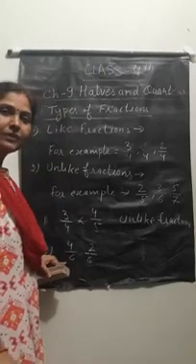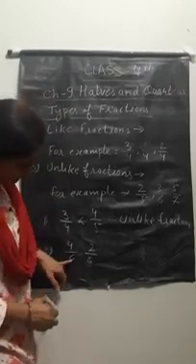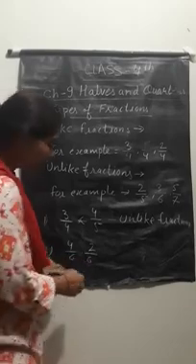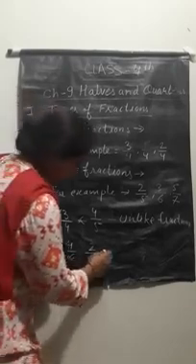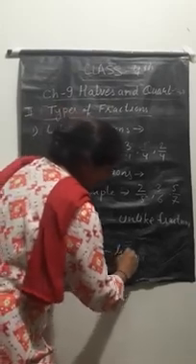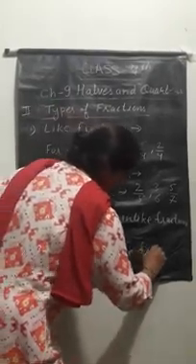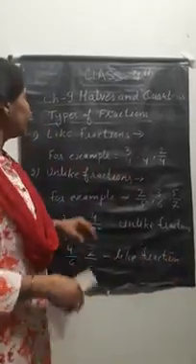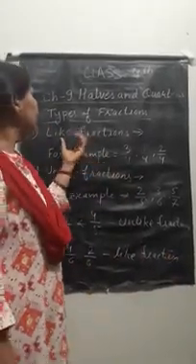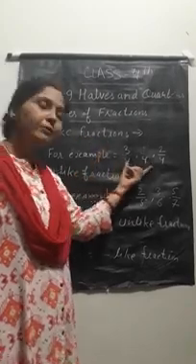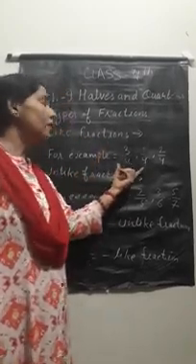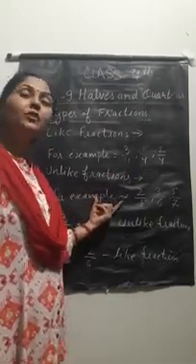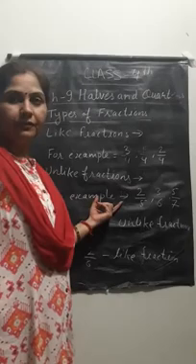Which type of fraction is this? Here the denominators are the same, both have 6, so we call it like fractions. I think you understand this. Like fractions are fractions having the same denominator. Unlike fractions are fractions having different denominators.